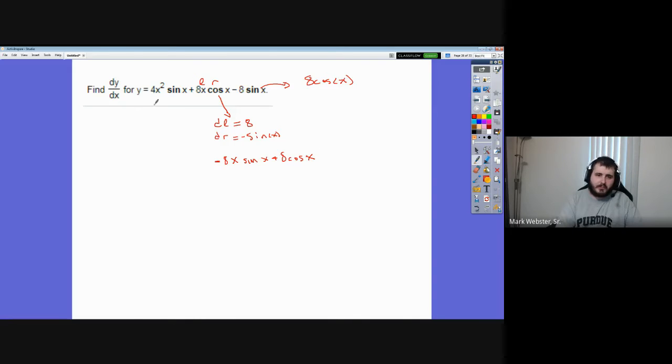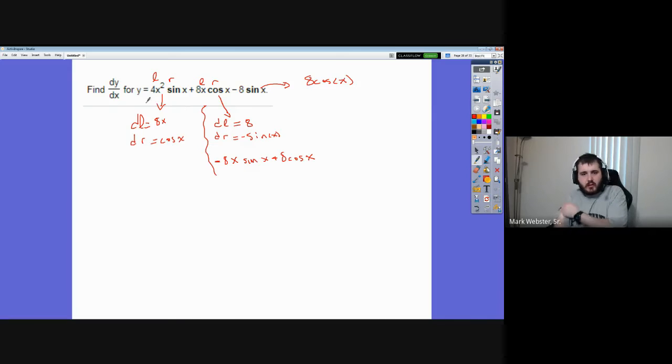And then we got to do the same thing with this one, yeah? Again, make these their own little mini problems, and then you can just smush it together. Here's my left, here's my right. My D left here is 8x. My D right here is cosine x.